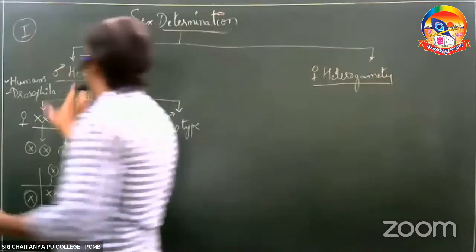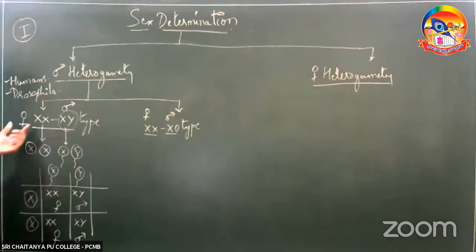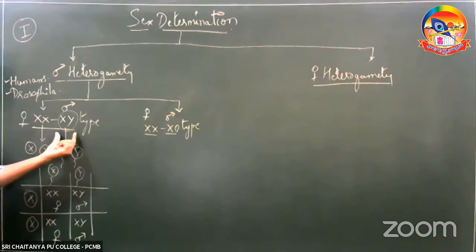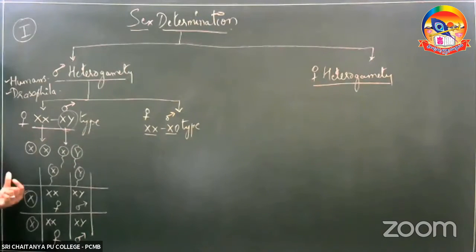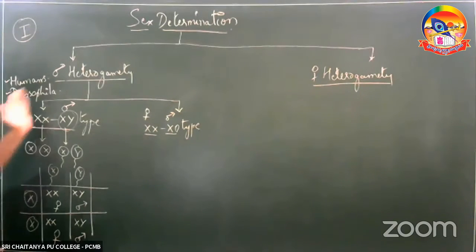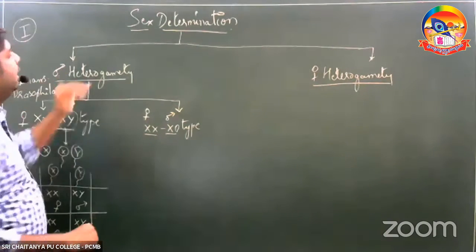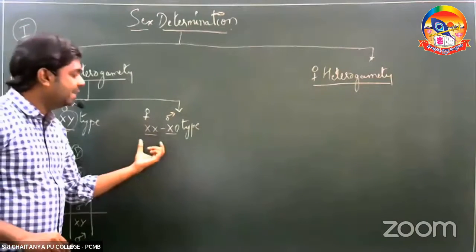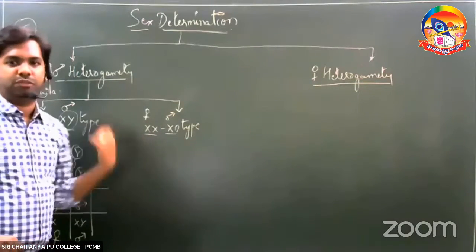Okay, so this is the first type of sex determination that we have, which we call XX and XY type of sex determination, seen in humans as well as Drosophila. Next, talking about the second type under male heterogamety, we have XX and X0 type of sex determination.